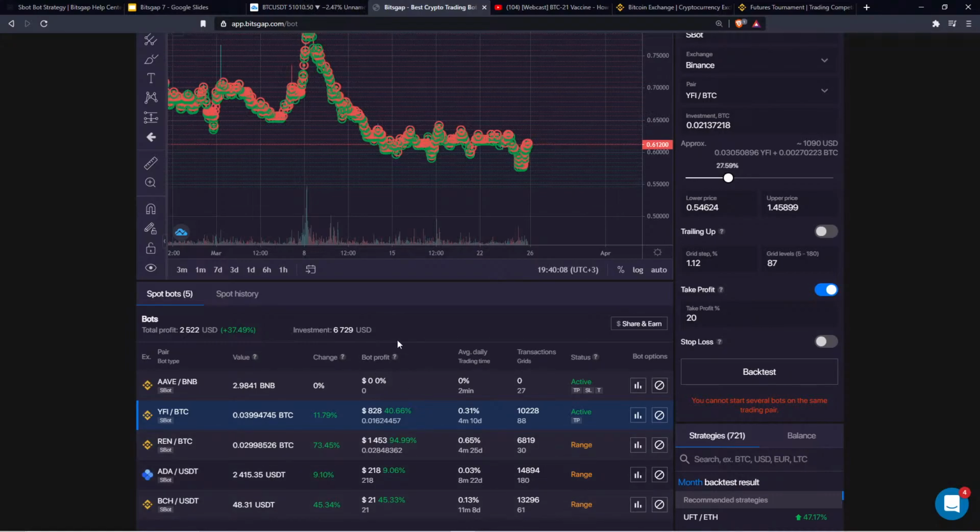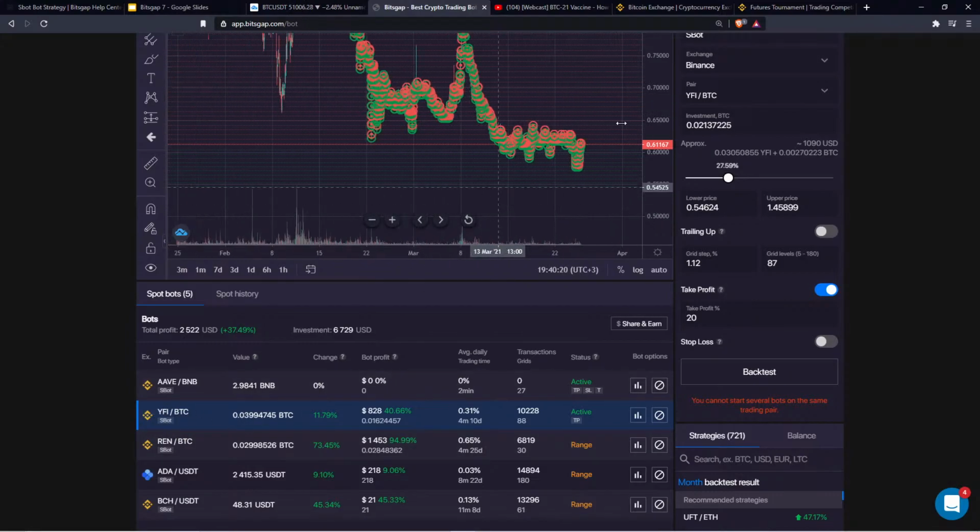The biggest question here is why you see your change lower or higher than the bot profit. The reason for that is because you have UFIs to which your investment change is really affected.